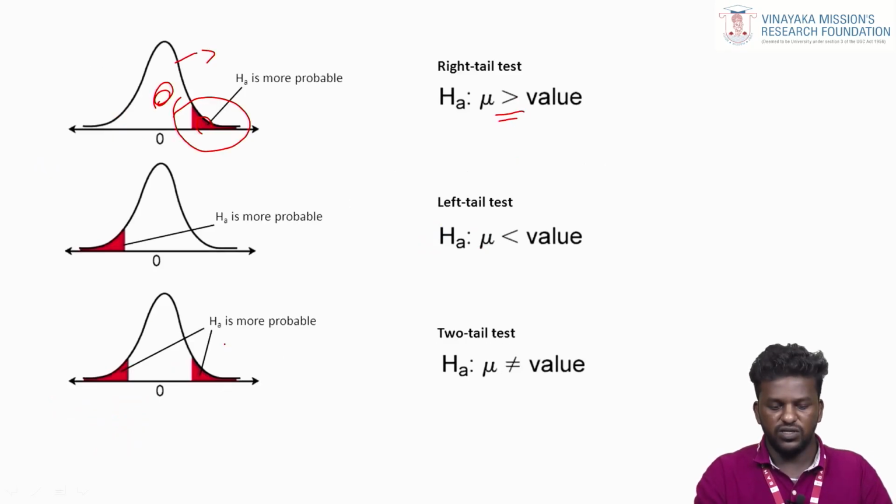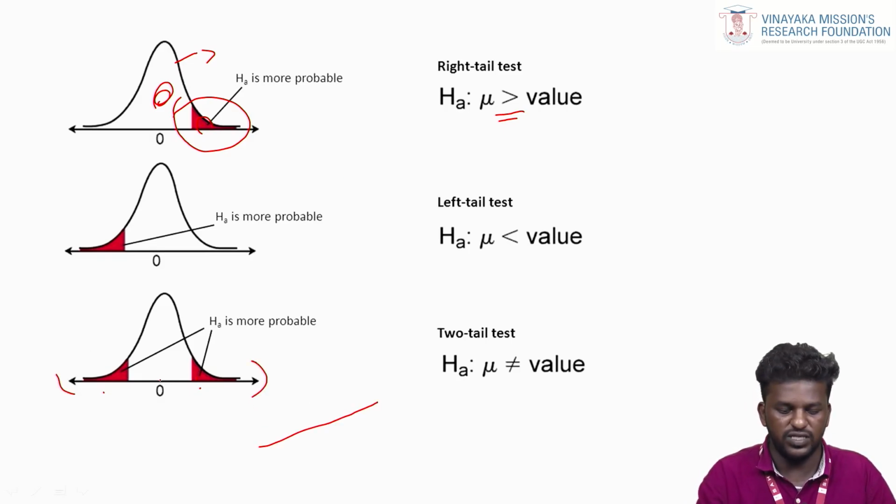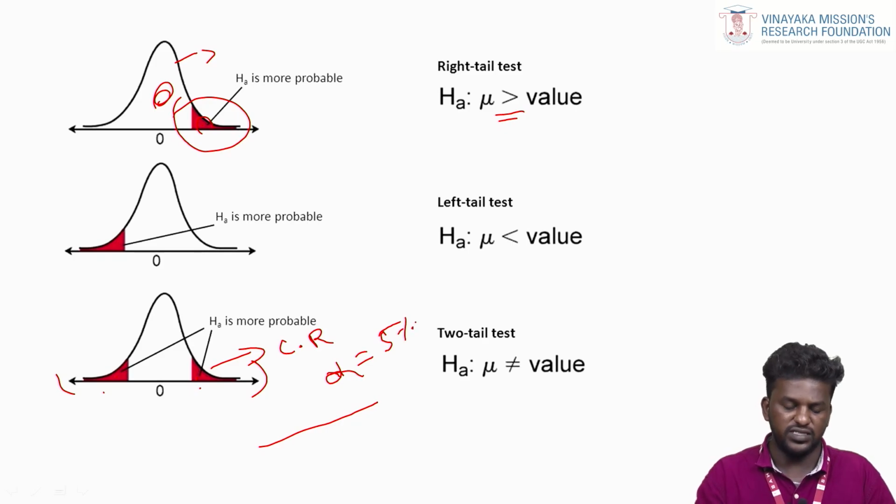Okay. See that picture. Two tail means the critical region is based on two sides of the normal distribution curve. For example, this is our curve. This region means critical region, shortly CR, that means rejection region. It is determined by using alpha, the error term. I assume error equals 5%. Then this center line denotes the mean of the normal distribution.